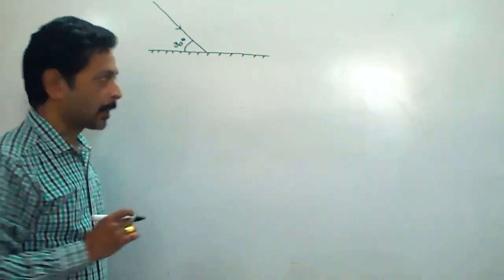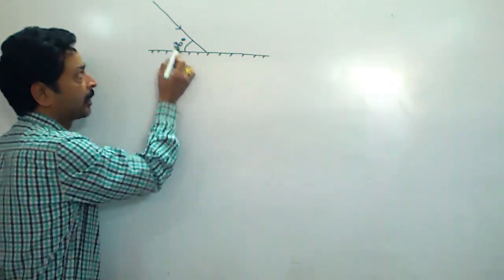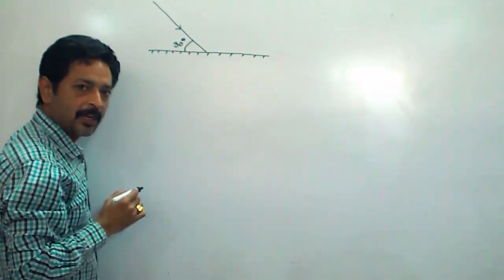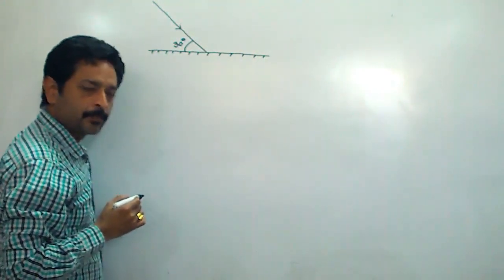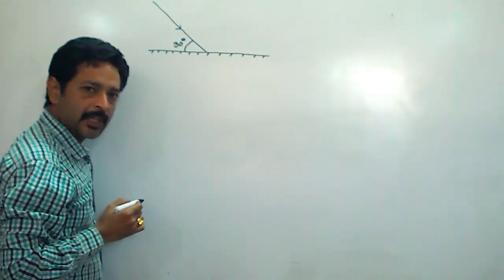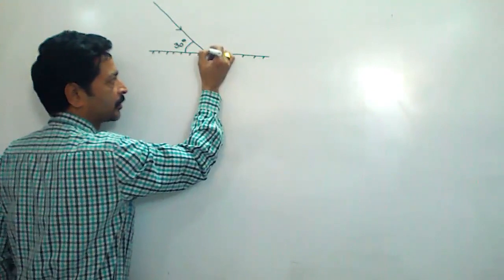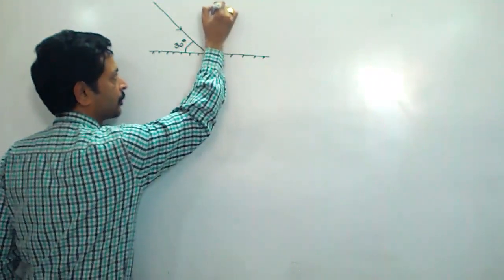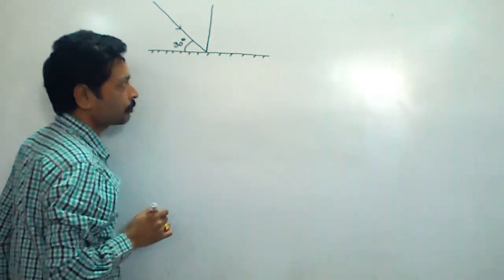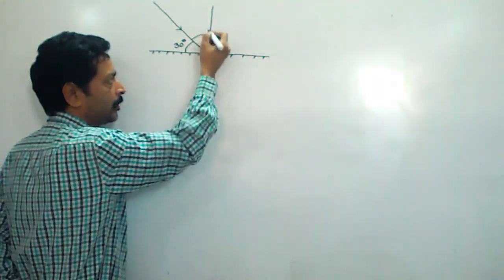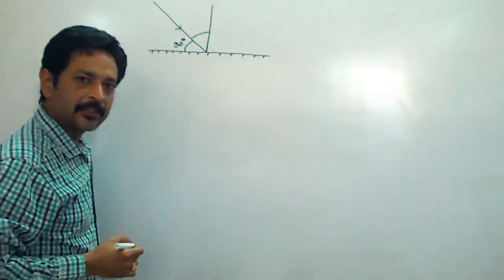Now this angle is between incident ray and mirror. This is not the angle of incidence. First of all, we will draw the normal here at the point of incidence. This is normal. So this angle will be the angle of incidence.